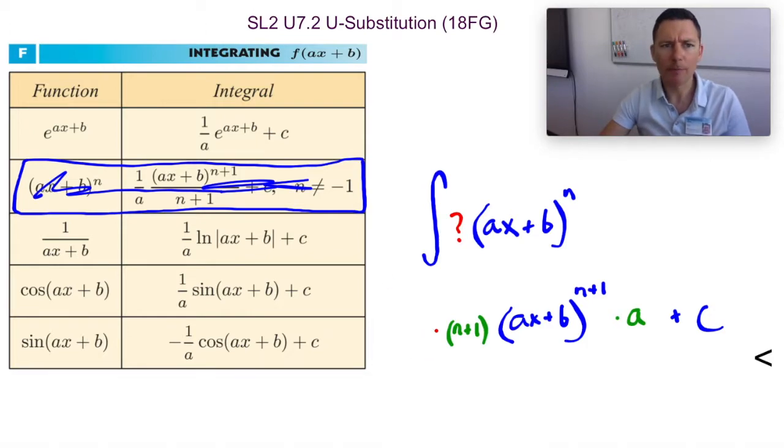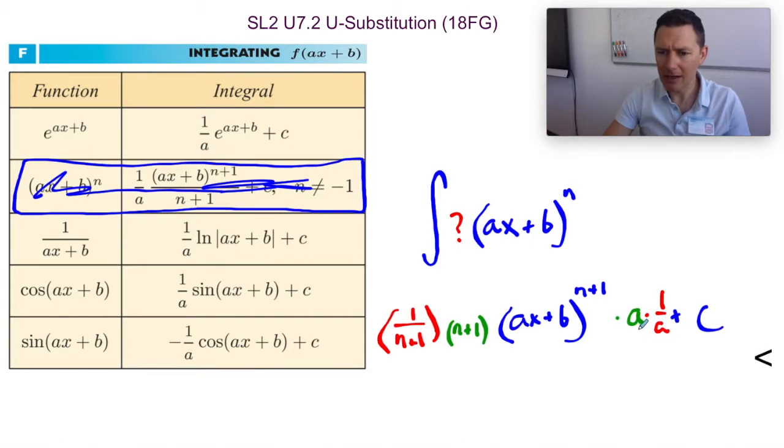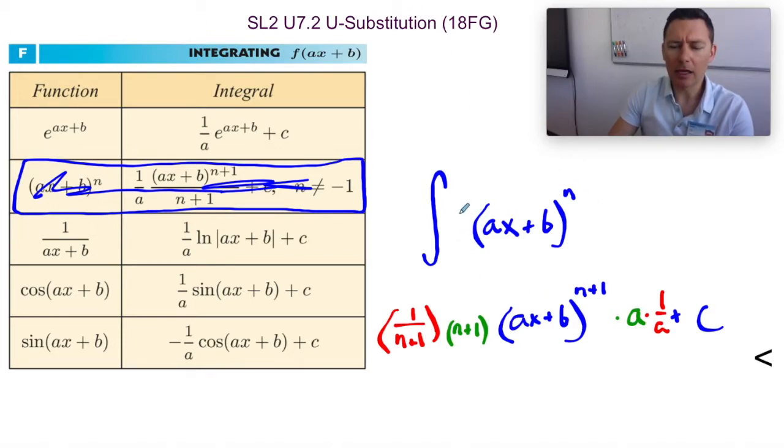Multiplying by a 1 over n plus 1 to get rid of this, and multiplying by a 1 over a to get rid of this, right? And that's why this becomes 1, this becomes 1, and if you differentiated it, you don't see any coefficient in front here. You just see this piece.